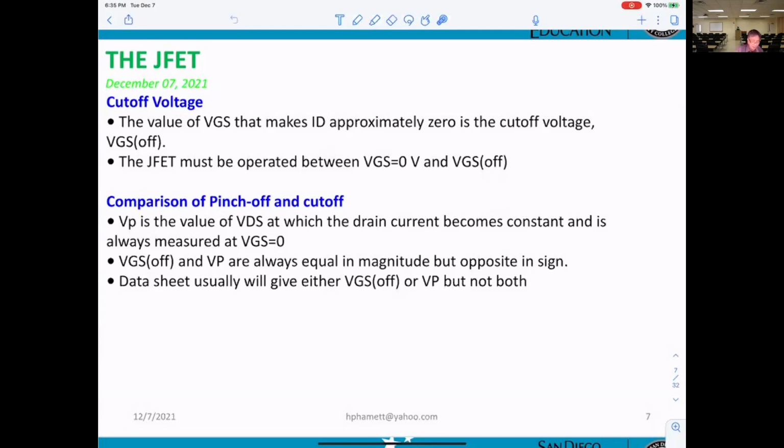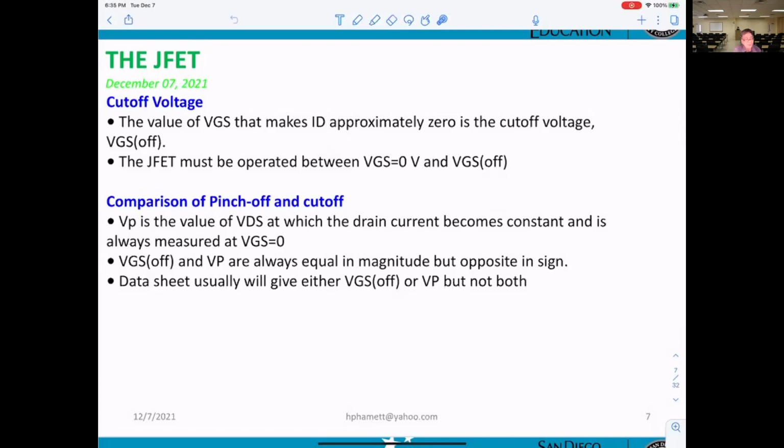That means VGS off and VP will be the same but with different polarity. VGS off equal negative, then VP equal positive, and vice versa.